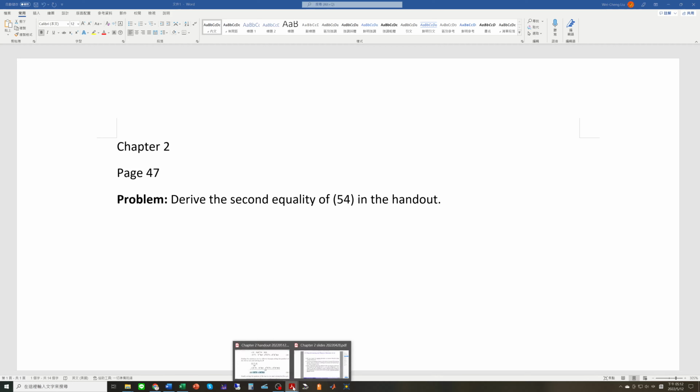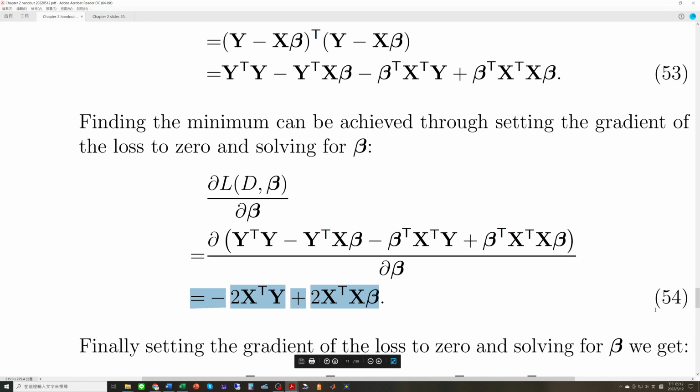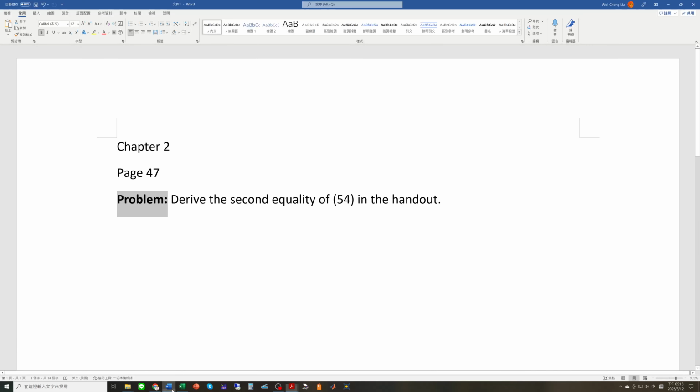So now we want to derive the second equality in equation 55.